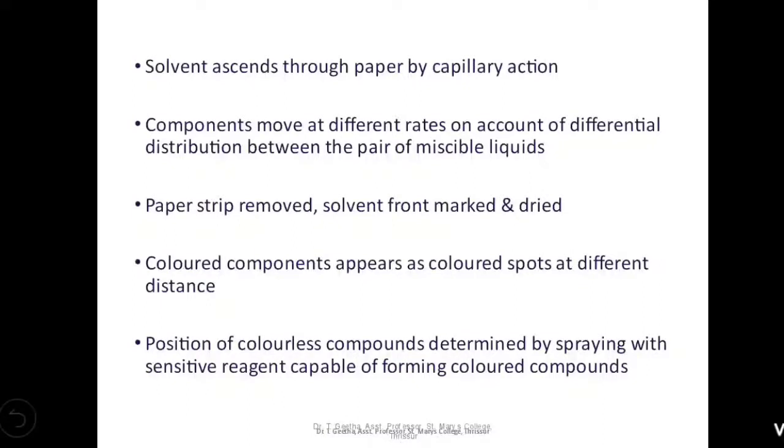In other words, they are distributed in zones and a chromatogram is obtained. If the components are colored, these zones are visible to the naked eye. Otherwise, visualizing reagents that form colored compounds are sprayed onto the paper to detect them. The paper strip is then removed, the solvent front marked, and then it is dried.